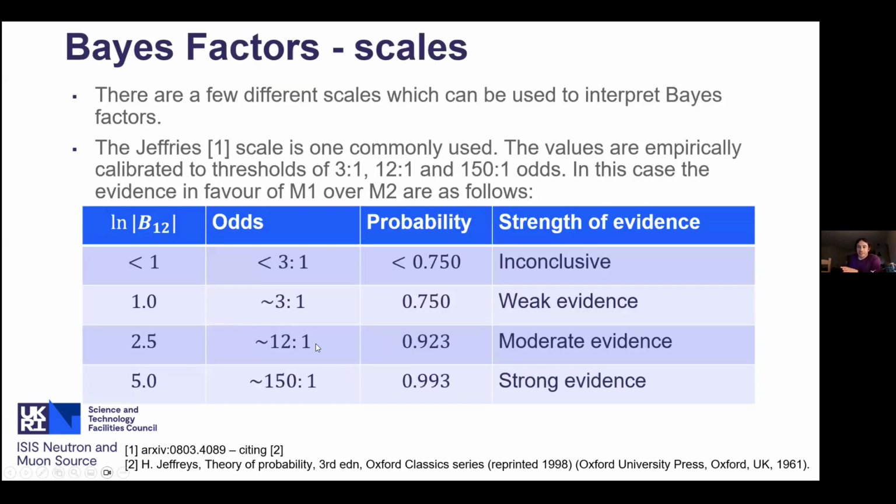And so again, another scale like you saw with Andrew Nelson. There are many different ones, and different people have normalized them to different things. I'm going to show the Jeffreys scale here, which was essentially determined on betting odds, if you really want to know where it came from. And just to give you an idea of what that Bayes factor actually means: if it's less than 1, it's inconclusive.